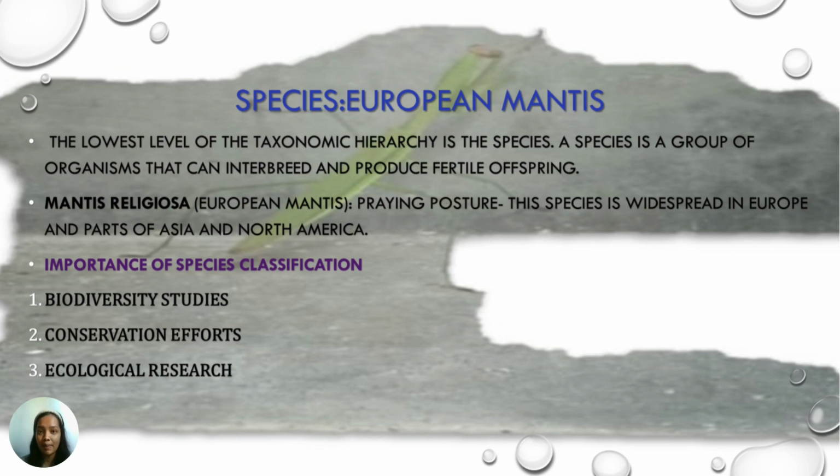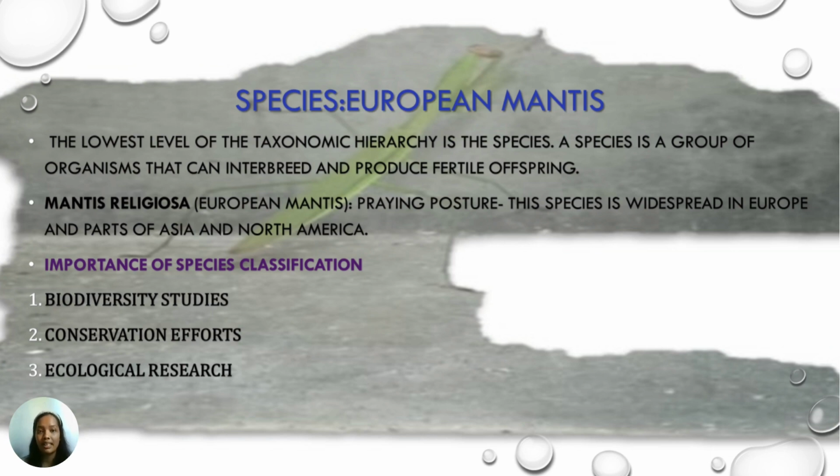So moving to the last part of our video, it is about the species of this insect. We have noted that the species of this insect, known as the genus Mantis, refers to the European mantis. The species is the lowest level of the taxonomic hierarchy, a group of organisms that can interbreed and produce fertile offspring.